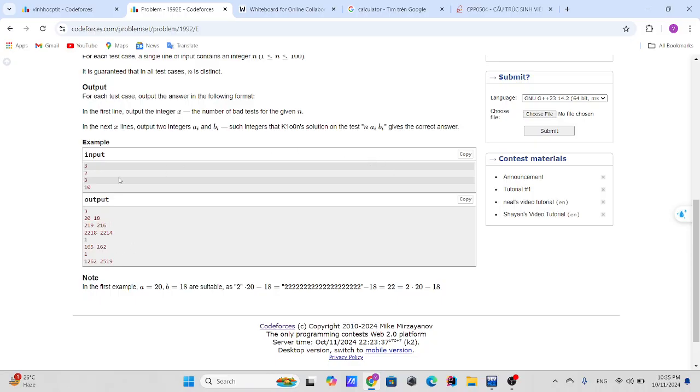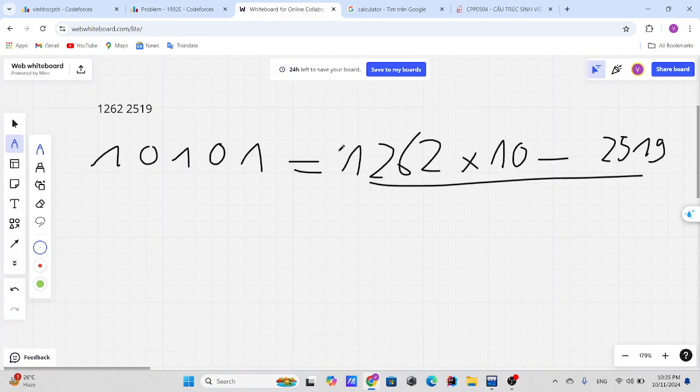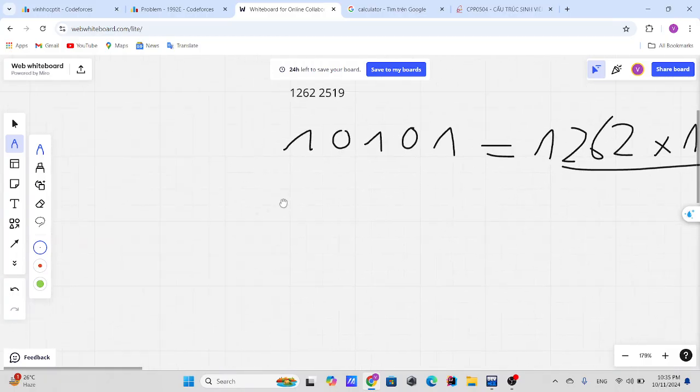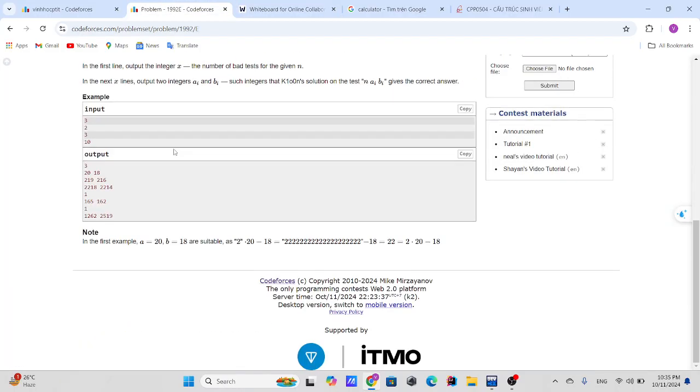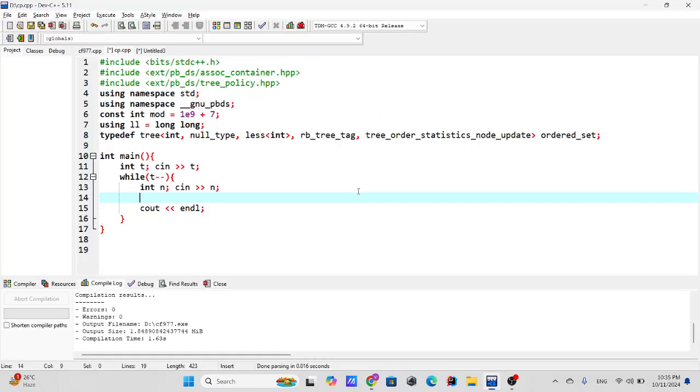Let's see. So we have the constraint of only 10,000, so it might not be that hard to solve this problem. Let me think about it real quick. How can we actually solve this problem?